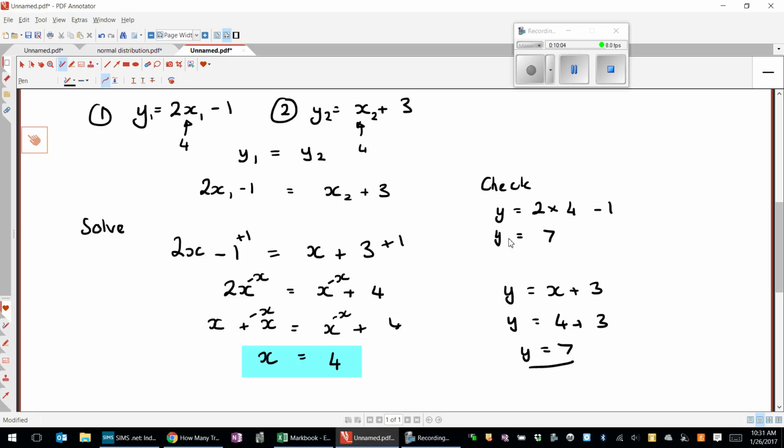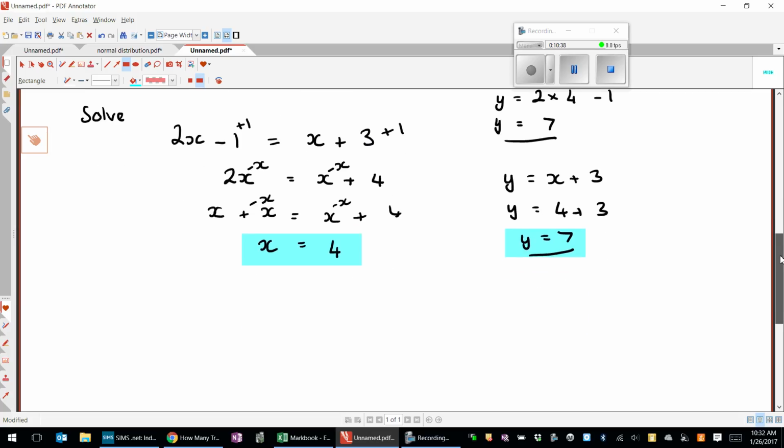Right, I've got the same answer, therefore I'm happy that y is 7. Now, what I would suggest is you do one of those on paper to give the answer, and then the other one you just do mentally, just a quick check. It takes a couple of seconds, and quite often what people do is they find an x value that appears to work for both, but then it gives a different y value.